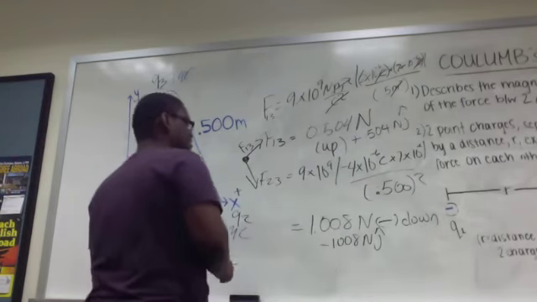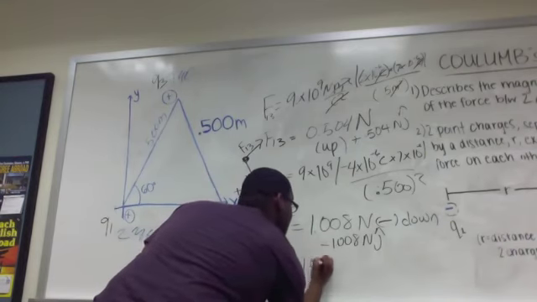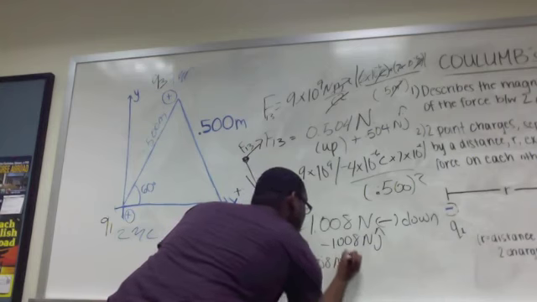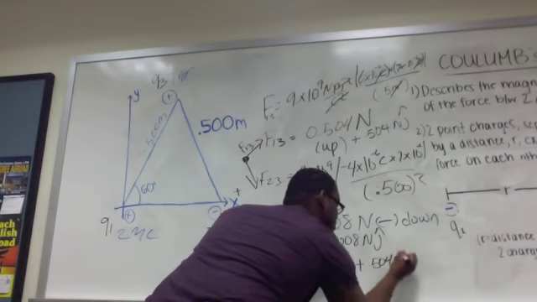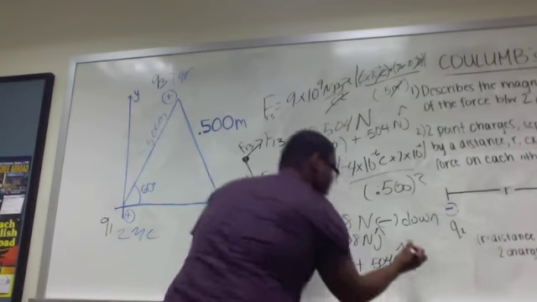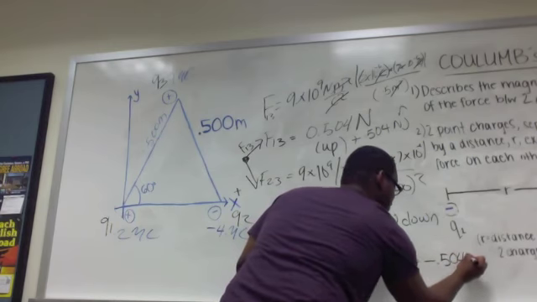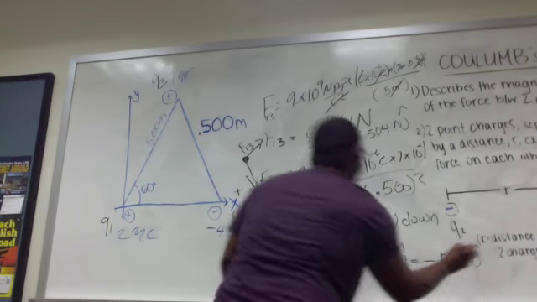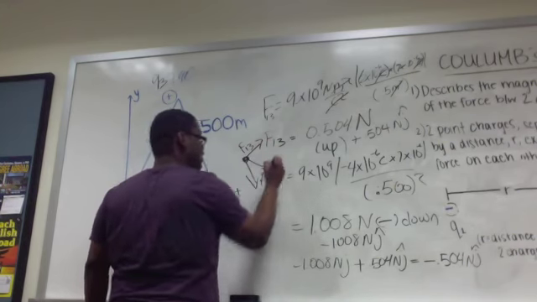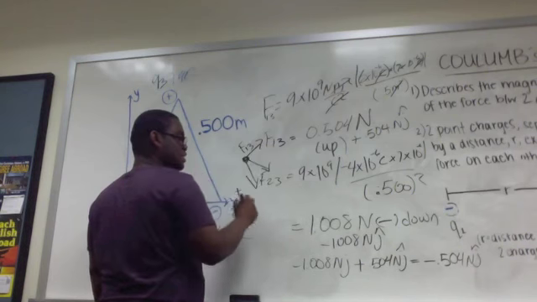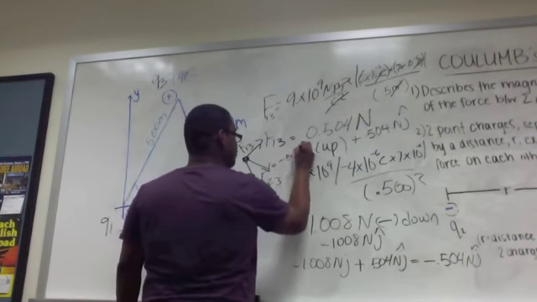You sum those up: negative 1.008 newtons J plus the positive 0.504 J is equal to negative 0.504 J. So your resultant vector is pointing downwards, down towards this side. This is your negative 0.504 J.